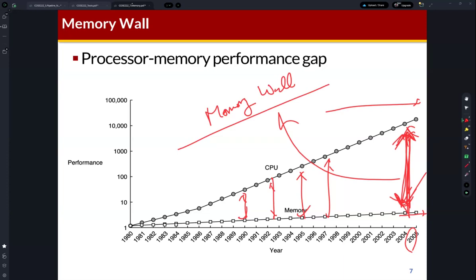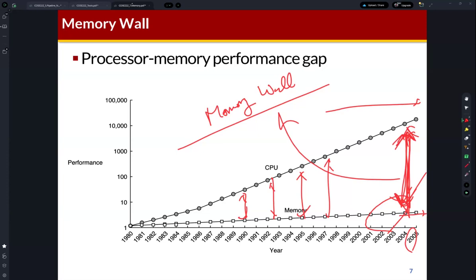Okay, so this is a very popular term in computer architecture, right? Because of the performance gap between the CPU and memory, the performance of the entire computer system is dominated by memory performance. It will slow down.